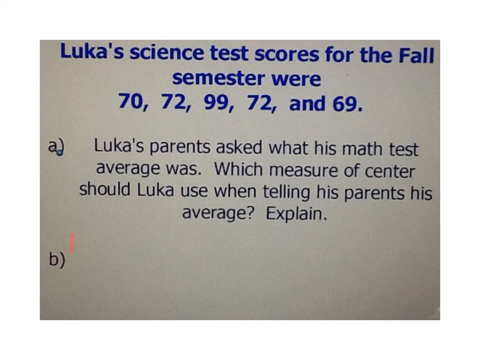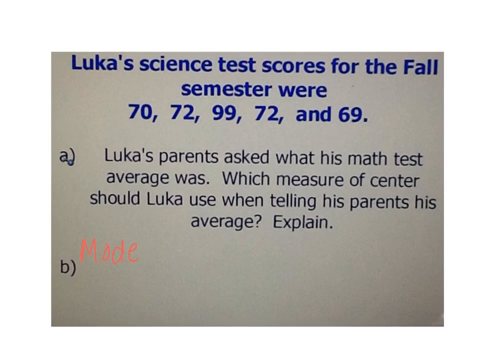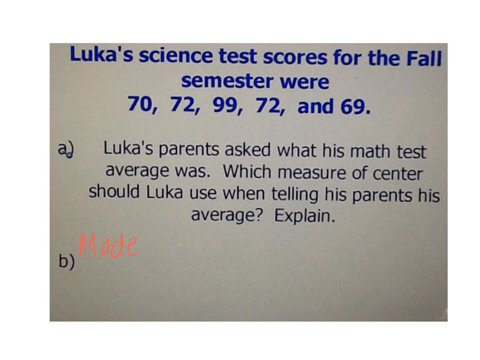So we can either use the mode to tell what's his best score, or we can use the mean to tell if it's a better score, or finally, we can use the median.